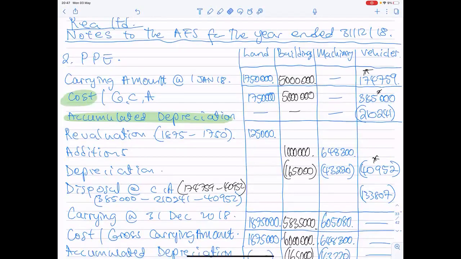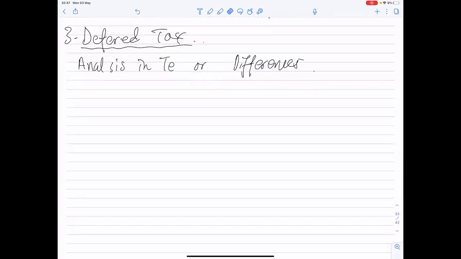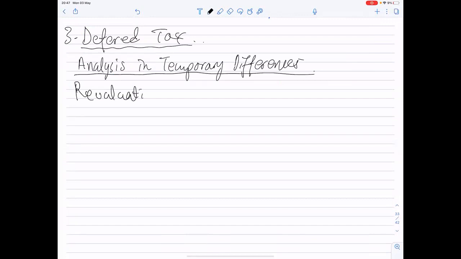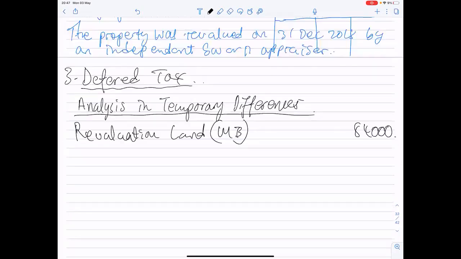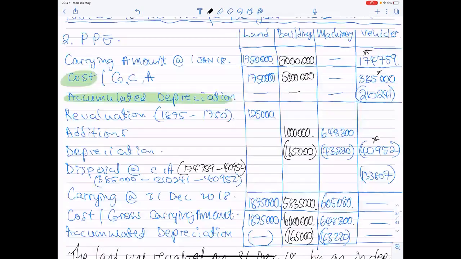So you can come and say there is a revaluation of the land, manufacturing building, 84,000.